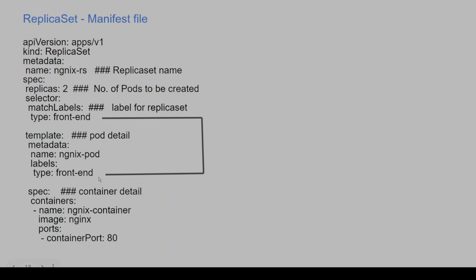As I told you in the previous slide, the ReplicaSet will check the labels which are there in the pod. So the same labels are there in the pod, and the same label we mention here. After that, the spec section is for the container. Here we will give containers, and then name, image, and port.